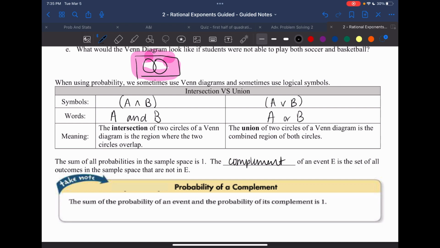Because in the previous examples, the probability of spinning not a 1, which was 5 over 6, plus the probability of spinning a 1, which is 1 over 6, just equals 6 over 6, which is equal to 1.